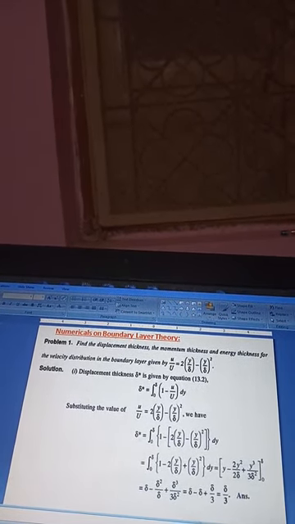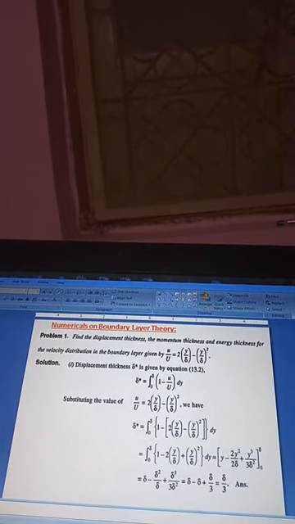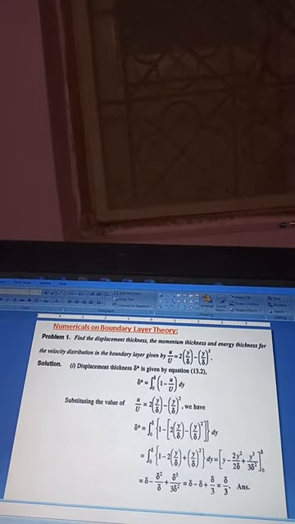When you solve this integration and apply the limits, you will get the displacement thickness as delta by 3. So the displacement thickness is 1/3 of the boundary layer thickness. So that is the answer for the displacement thickness.